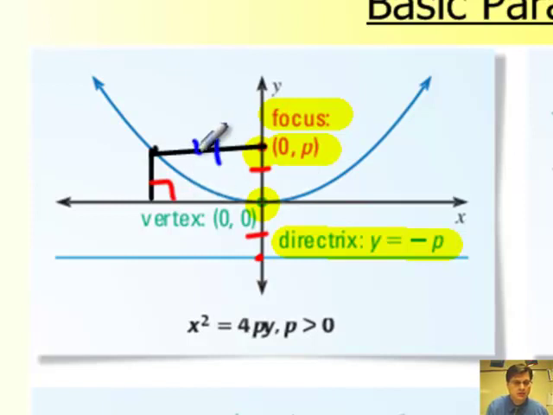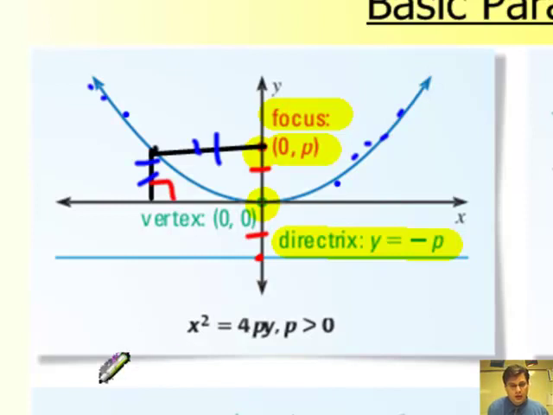The distance from here to the focus is congruent to the distance from that same point perpendicular to the directrix, and it's always going to be the case. So every single point along here on either side is going to be like that, and that's an important property that we'll use in certain types of problems.